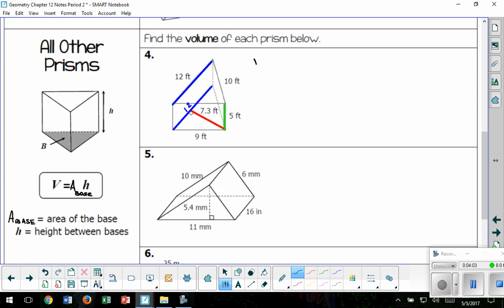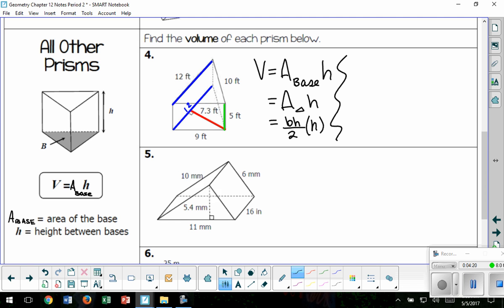So volume equals area of the base times the height. We have the area of the triangle times the height. We have base times height over 2 times the height. Volume is equal to 7.3 times the 12 over 2 times the 5.